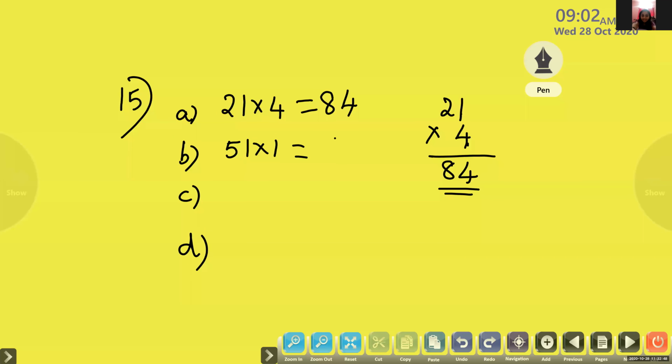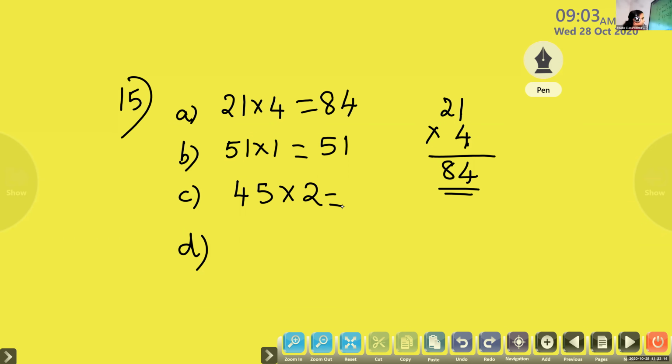Tell me the property we learned for this. Any number multiplied by 1, you will get the same number. Which property? Do you remember? Identity property. Very good. If you multiply any number with 1, you will get the same number. That is identity property. Very good.